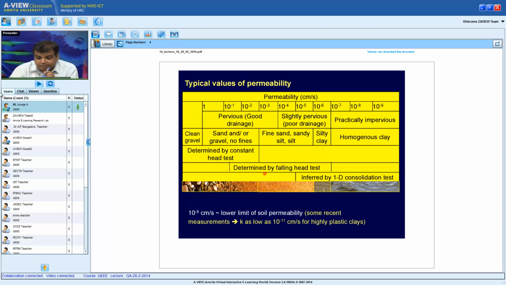It exists, but like I said, we will try to skip this, and if given a chance, we may come to this measurement. There are now apparatus which exist to measure permeability as low as 10 to the minus 11 or so directly. For example, you use a flexible wall permeameter. Many of our research scholars over here use this apparatus to measure the soil permeability of homogeneous clay.